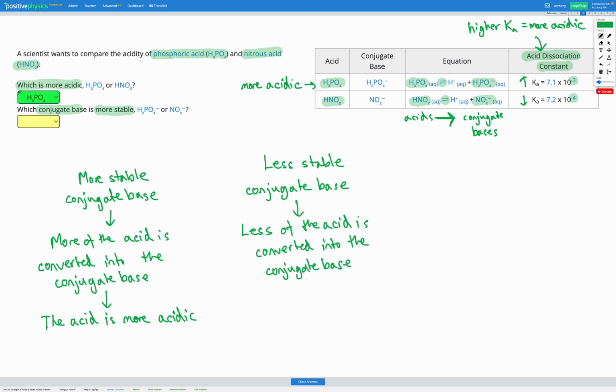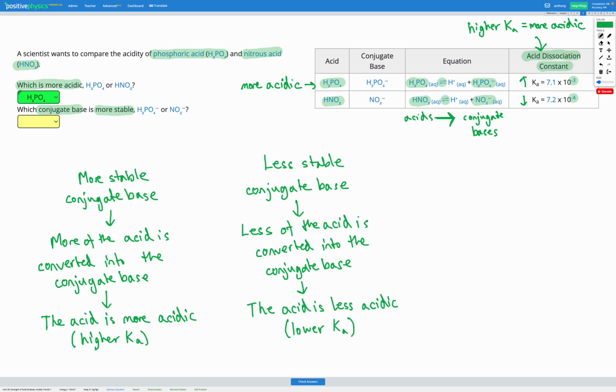If less of the acid is converted into the conjugate base, that means we have a smaller concentration of H plus ions produced. In other words, the acid is less acidic. And remember, more acidic means higher Ka value, and less acidic means lower Ka value.